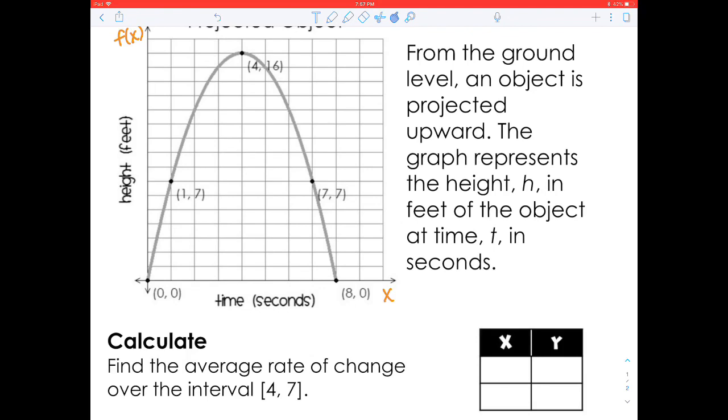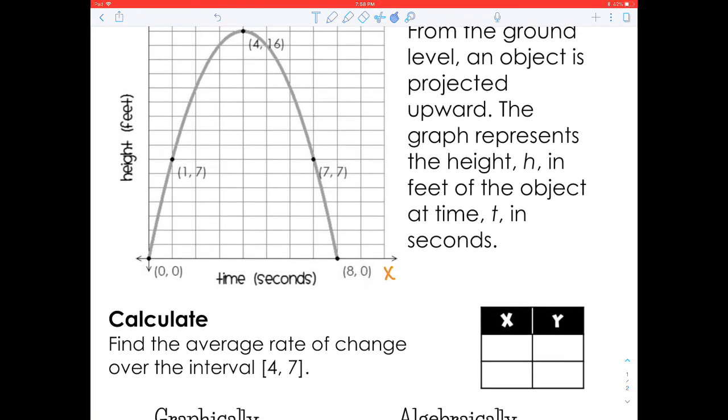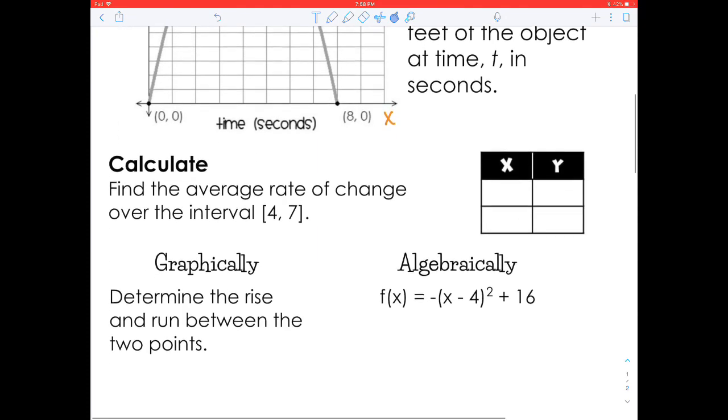So we're going to talk about how to calculate it a couple different ways. The first is from a graph. It says to find the average rate of change over the interval 4 to 7.